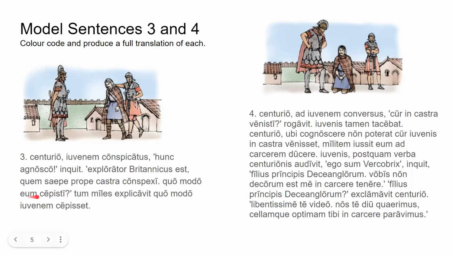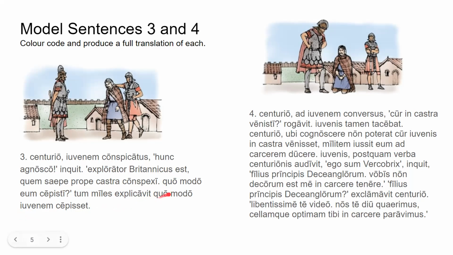Quomodo eum cepisti? So quomodo means how. How did you, perfect tense indicative verb, how did you capture eum, him? How did you capture him? Tum, then, miles explicavit, then the soldier explained, quomodo, how, juvenem cepisset.